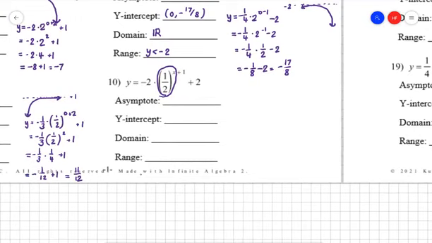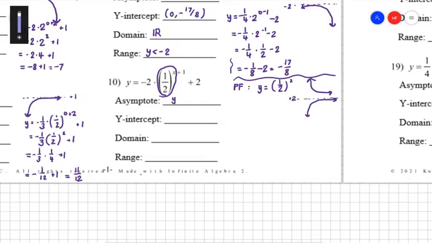And then on number 10, parent function, I've already circled it, 1/2 to the x. Parent function is decay. Our function is reflected, so it looks like that, and it's been moved up 2. So our asymptote will move up 2 as well. Our range is going to be everything less than that.